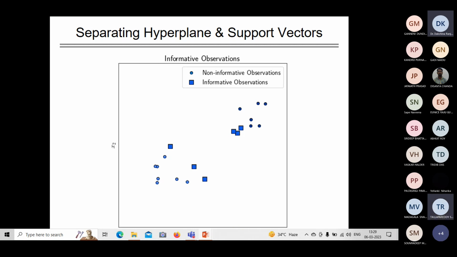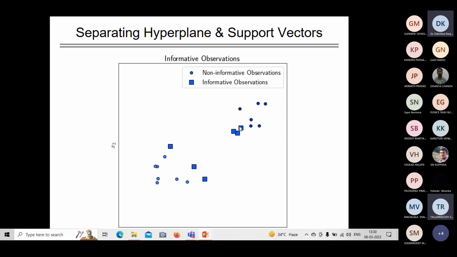Now why are these found to be informative observations? Because when we define an optimal hyperplane, through these observations we will get the class boundaries. Okay, so there will be two class boundaries for two different classes, and in the middle of these two class boundaries we will get the optimal hyperplane, or SVM will define the optimal hyperplane.